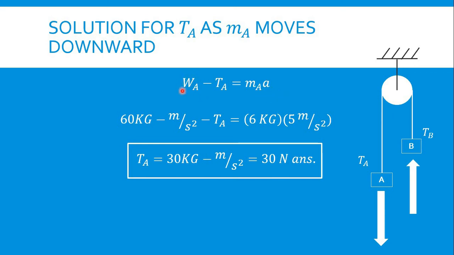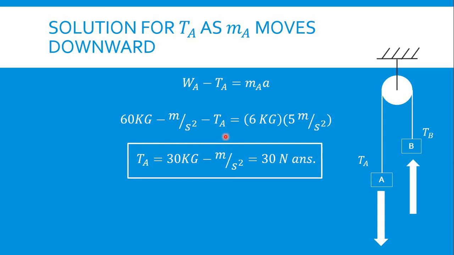The question is, why is the weight A positive when object A is going downward? The answer is that while you go down, you become heavier, you feel heavier, and if you are going up, like object B, you become lighter.